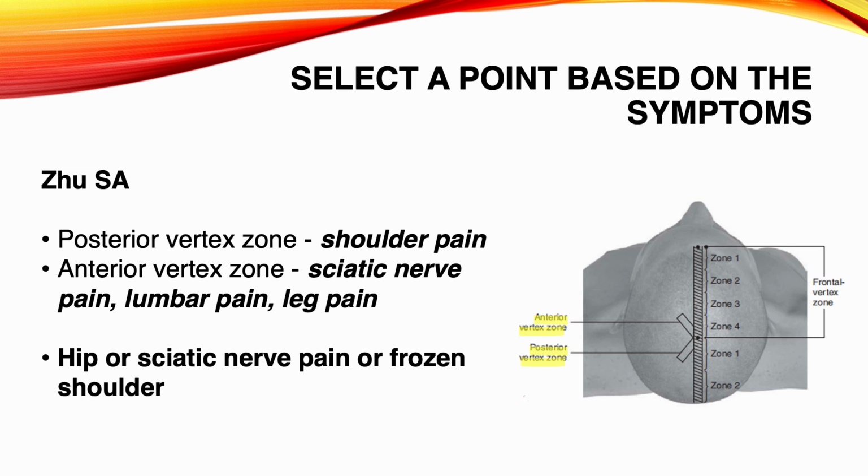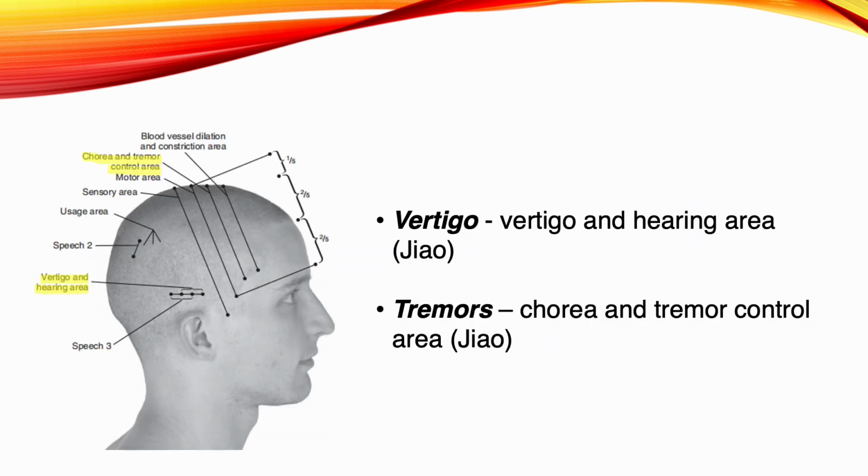Select these points for a patient with hip or sciatic nerve pain or frozen shoulder. For a patient with vertigo, choose the vertigo and hearing area. Choose the chorea and tremor control area for tremors in the Jiao system.